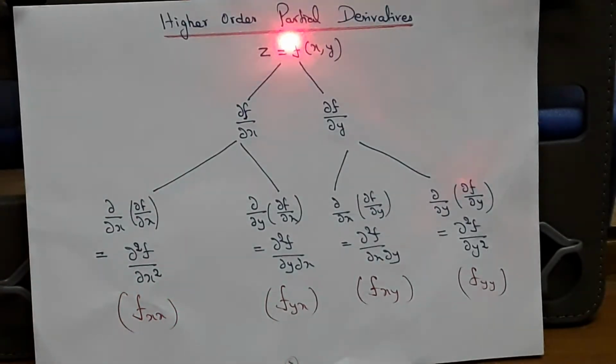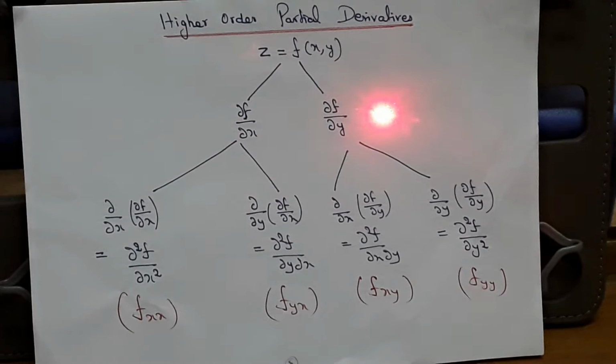Similarly, we can differentiate this partially with respect to y. That is dou by dou y of dou f by dou x, which is equal to dou square f by dou y dou x. We represent it by f suffix yx, because of this order.